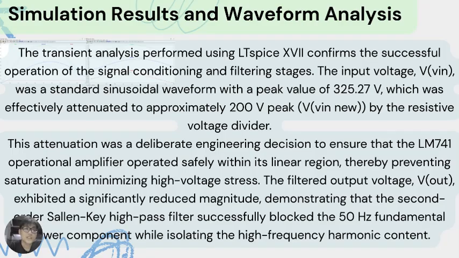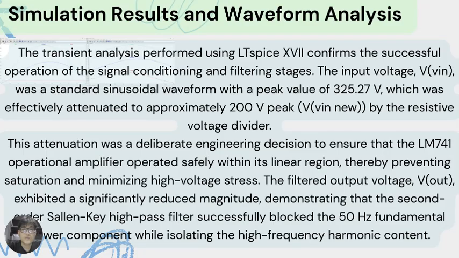The attenuation was a deliberate engineering decision to ensure the LM741 operational amplifier operates safely in its linear region, thereby preventing saturation and minimizing high voltage stress.